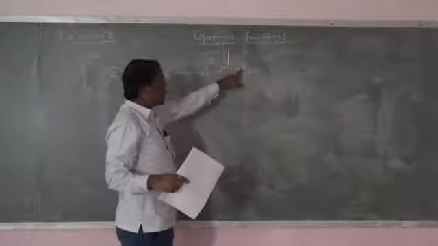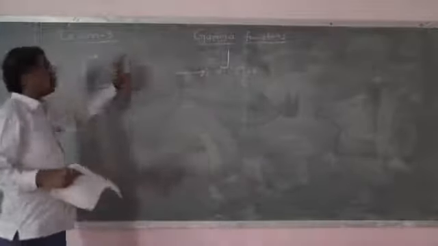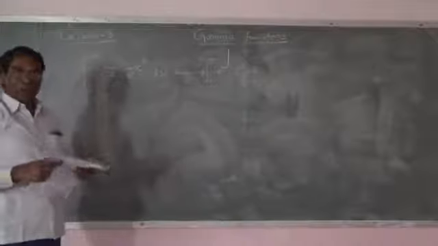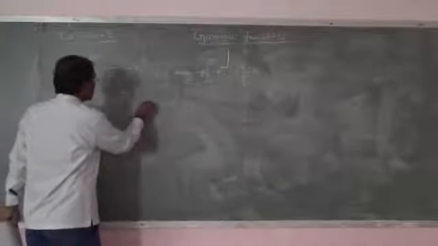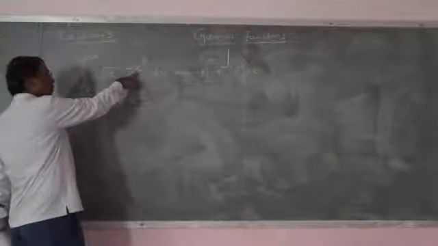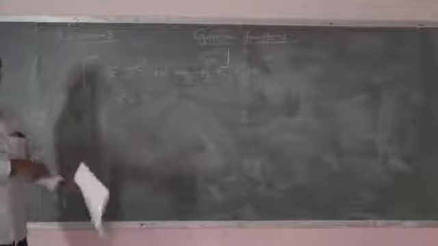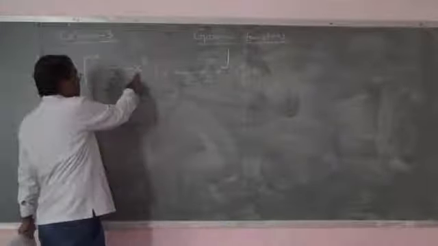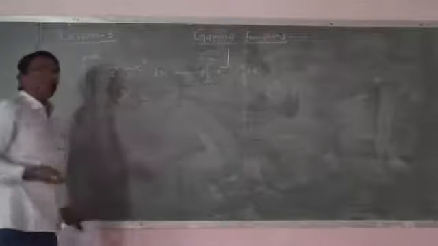Here it should be a function without any power. So what we do here is we put x cube is equal to t. If only x is there, then no problem, directly comparing with the formula you can do it. But when something other than x is there, whatever the thing is, you keep it as t.